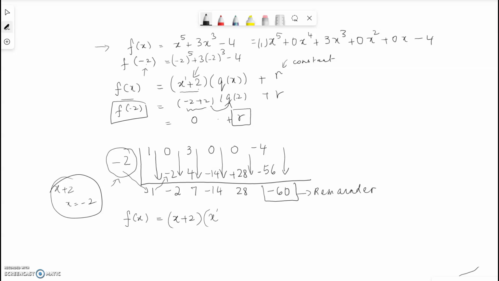So that's x to the fourth minus 2x cubed plus 7x squared minus 14x plus 28, and then minus 60.